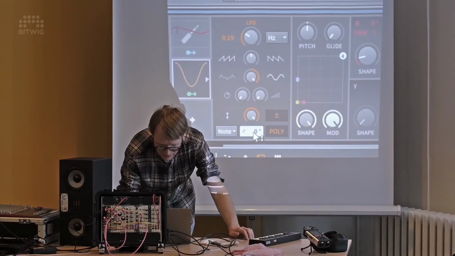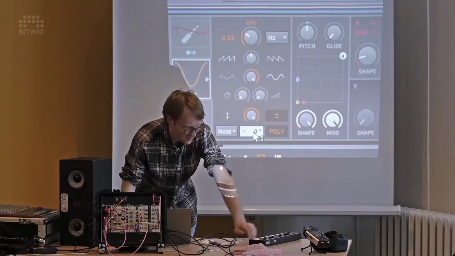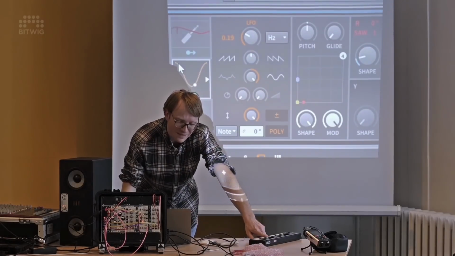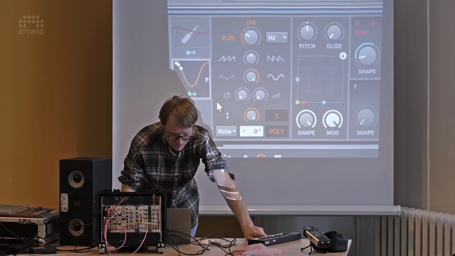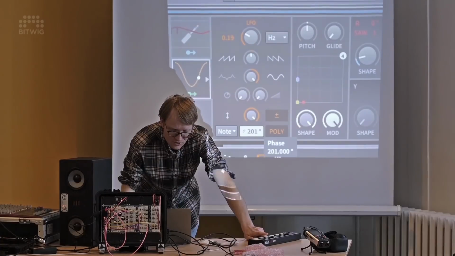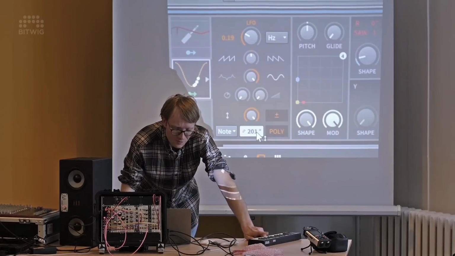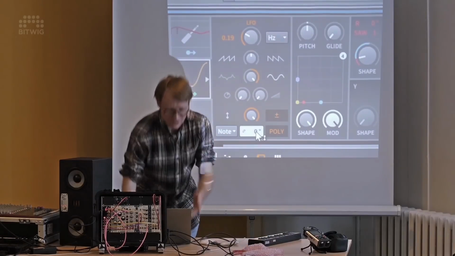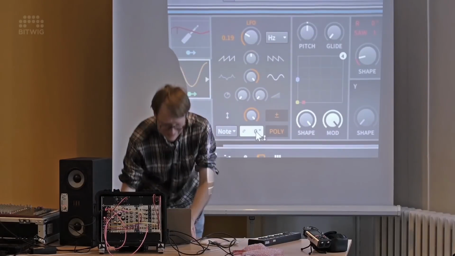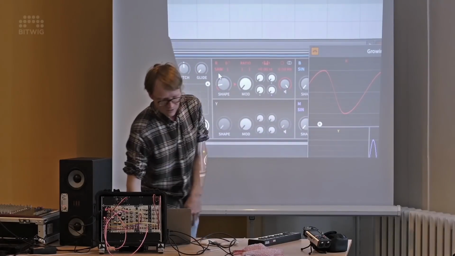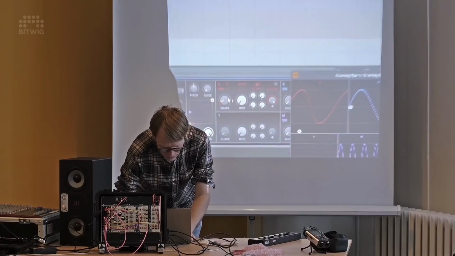When its phase is set to 0 degrees, every time I start it, it starts at the high point, the beginning of this wave shape. And if I push that, it's letting me start at a different place in the cycle. Now, the phase conversation gets a lot more interesting in phase modulation in a second, but the fact that this parameter is here actually gives you a lot of control to begin with.